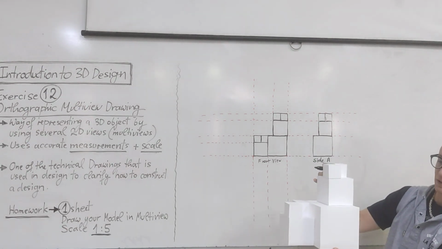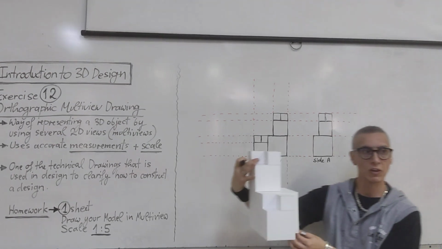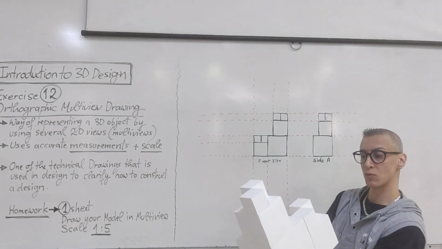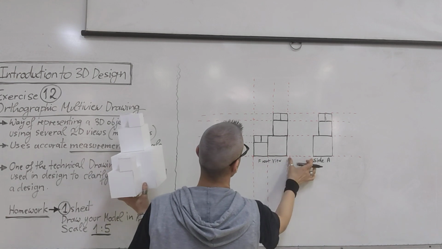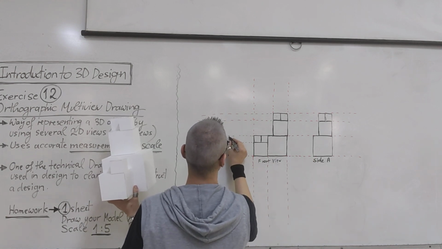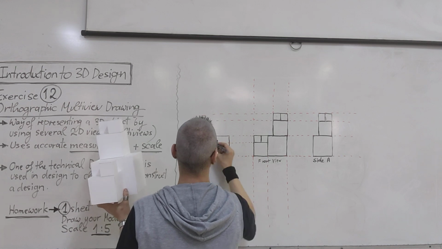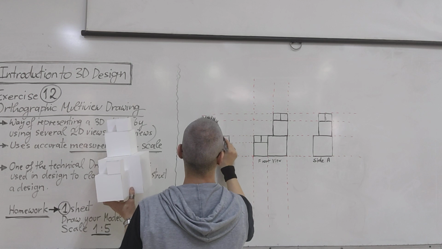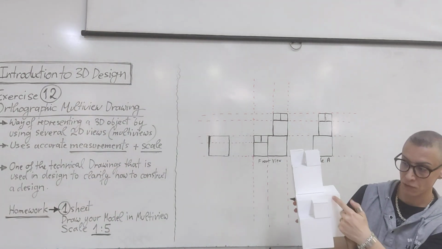So the front again, rotation this side, now rotation this side. This side view should be here. So what do we see here? Again, we have our big cube. We see our big cube from here, but what do we see of this big cube?